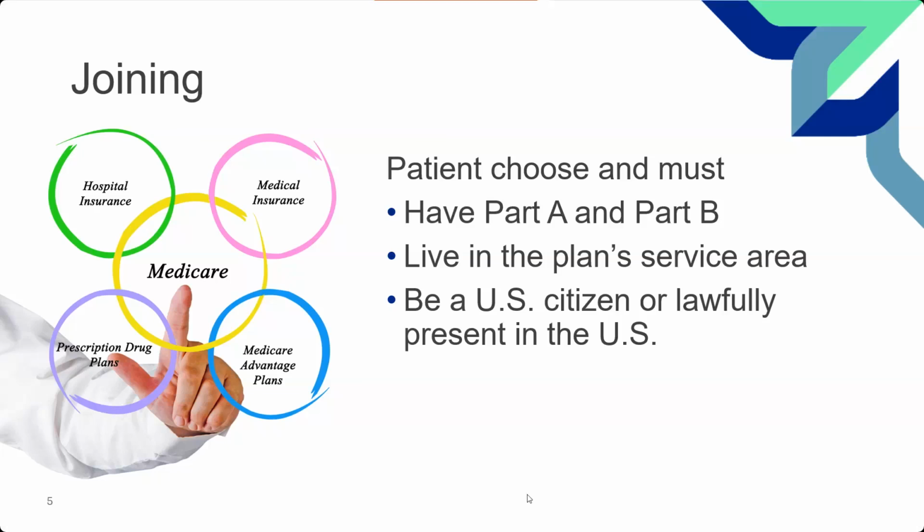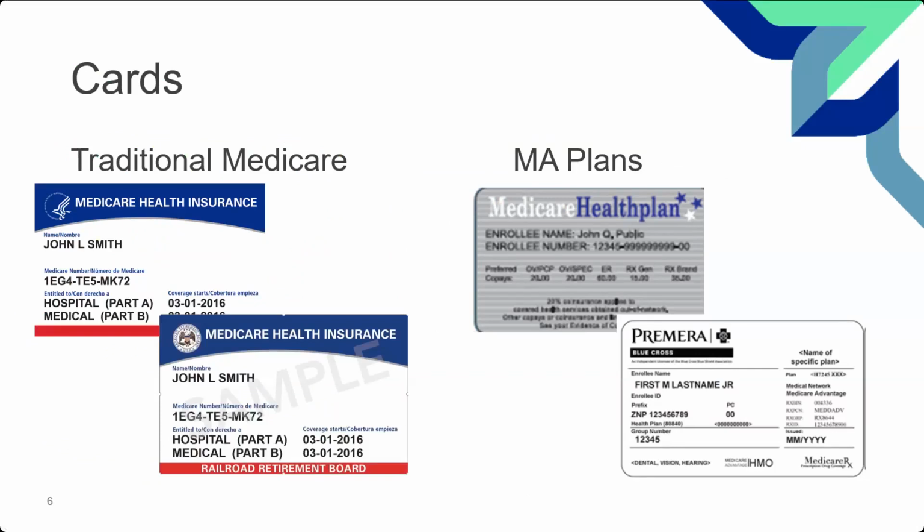One thing that is definitely something you want to be aware of: each individual MA plan offers a unique card. This does not mean that the traditional fee-for-service red, white, and blue card is not active. It is active.